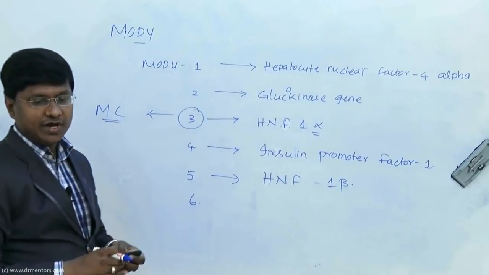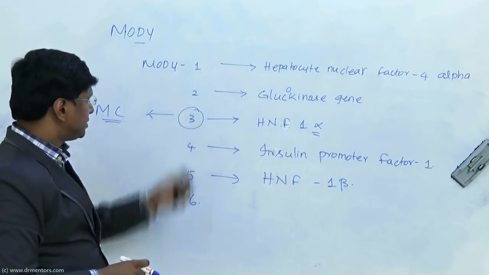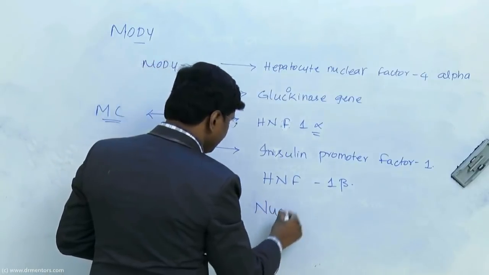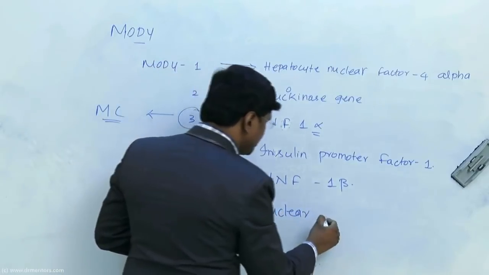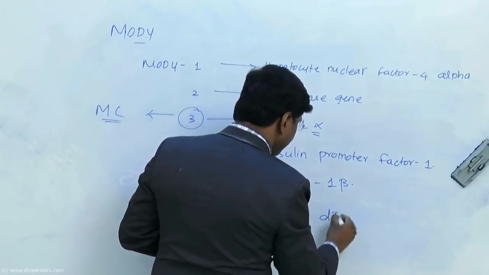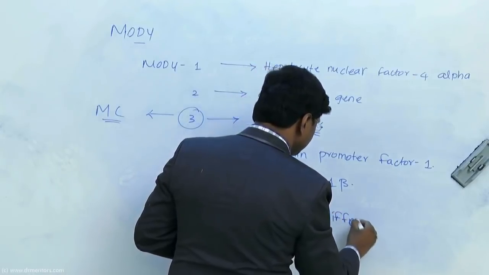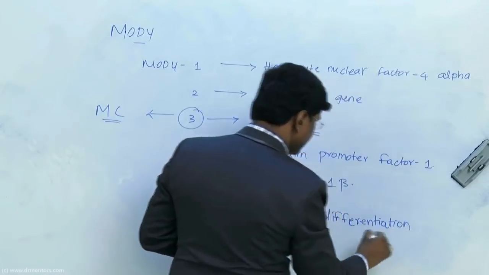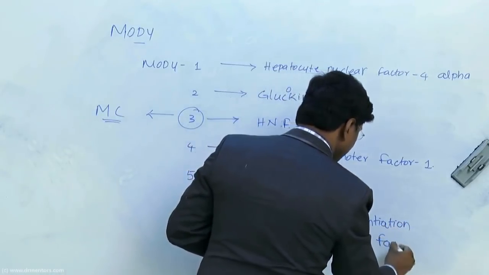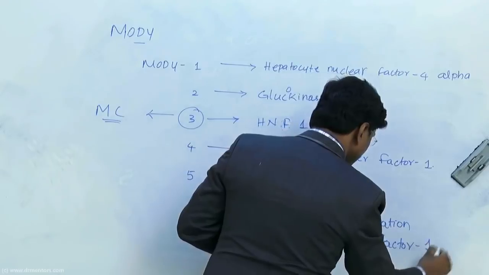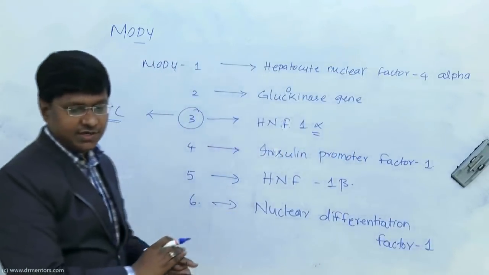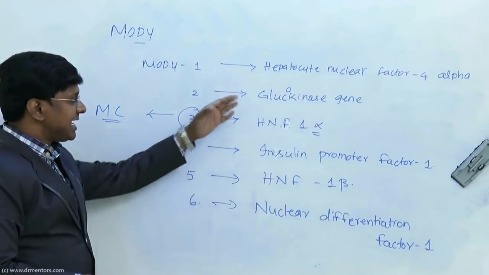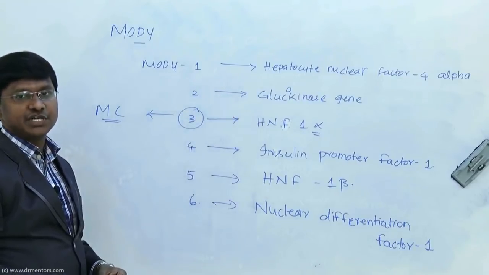HNF1 beta mutation will cause MODY 5. And MODY 6, you have the gene mutation, that is neuronal differentiation factor 1. So these are all the various forms of MODY, and these are all the various genes which are being mutated.